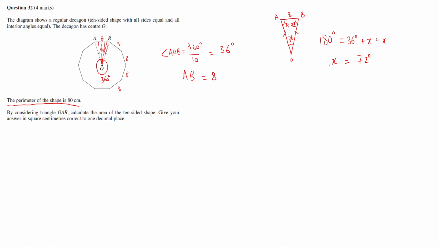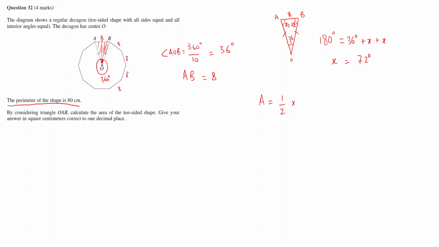Finally, since we have a non-right angle triangle, one of the formulas you need to memorize, and it's in our notes as well, is that the area of a non-right angle triangle is equal to half times the two sides around whichever angle you are considering, times the sine of the angle between them.